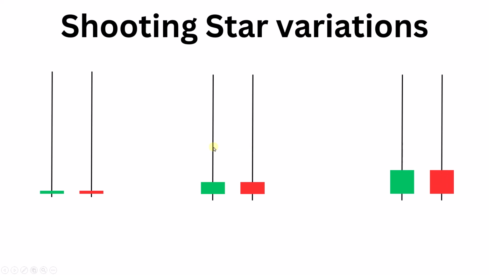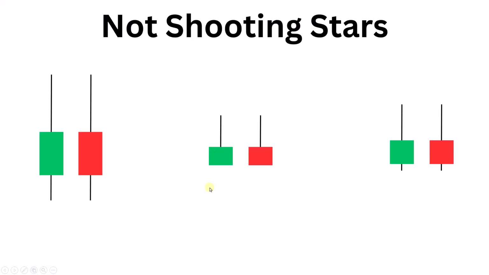Okay, but these are not considered as shooting stars. You have a small upper wick. The upper wicks are not more than 2 times the body. Bodies are also big, and you have big lower wicks. Even though the shape looks like a shooting star, they are not shooting stars.